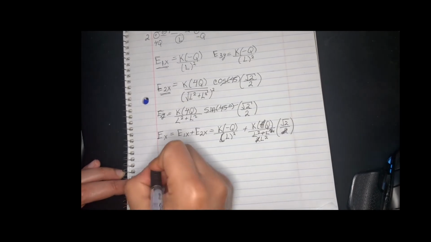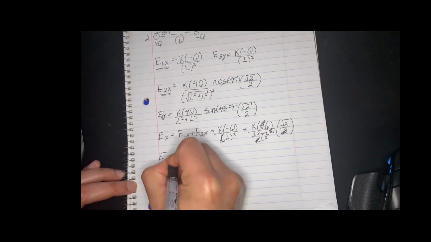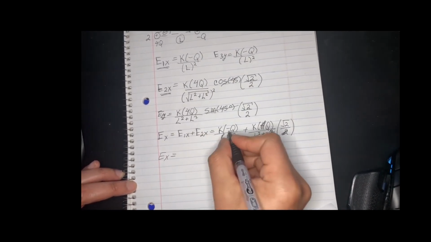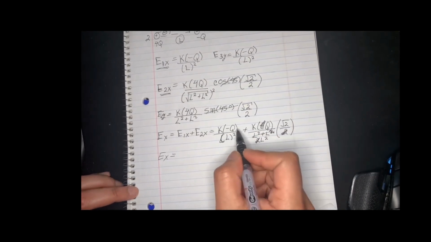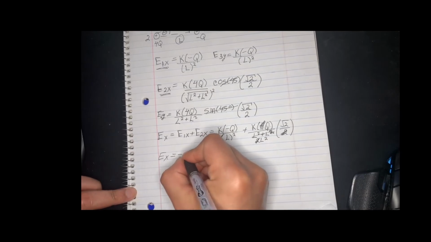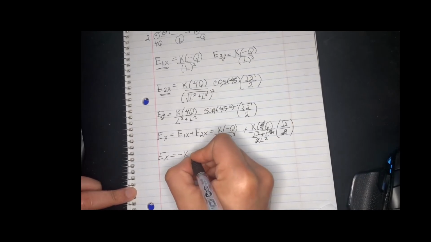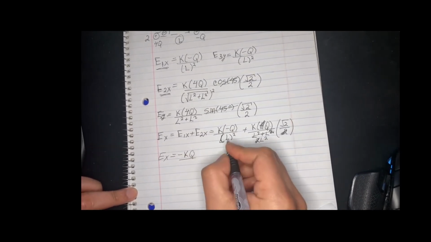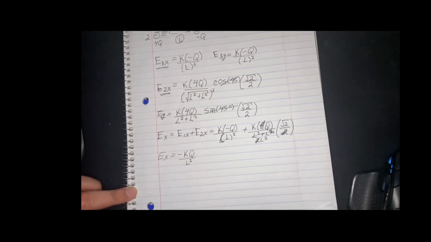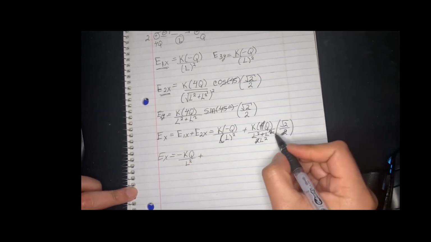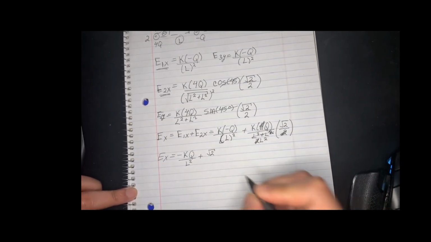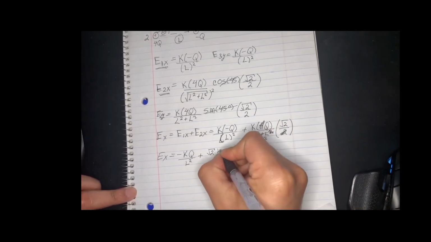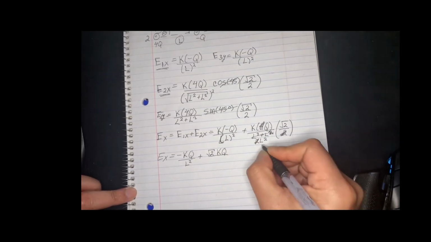So we can write down Ex equals, we can multiply the k by the negative q, so it's gonna be negative kq divided by L squared plus, well, we're gonna have square root of 2 kq over L squared.